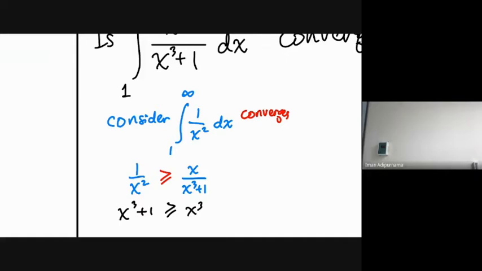This function is our setup. You can set this with any function you want. Any function you want. And then set up the inequality, prove it, and if it's true, then it's also true that it converges.